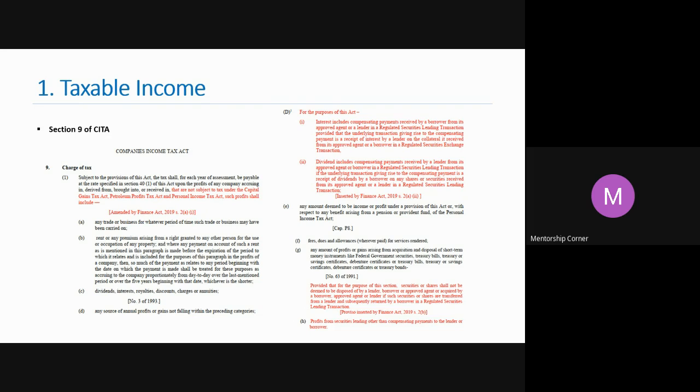Now, section D says that for the purpose of this Act, interest includes compensating payment received by a borrower from its approved agent or lender in a regulated securities lending transaction, provided that the underlying transaction giving rise to the compensation payment is a receipt of interest by a lender, and so on. Basically, what I'm trying to tell you is that sometimes when you see a particular item, there might be conditions for why you should not allow it as taxable income.